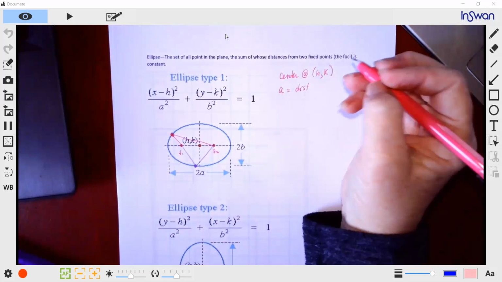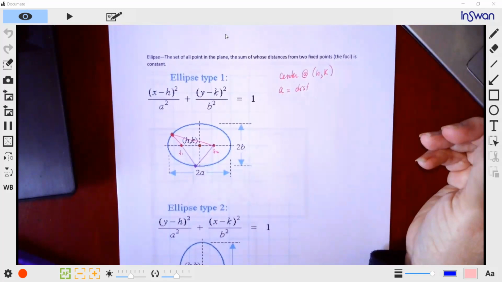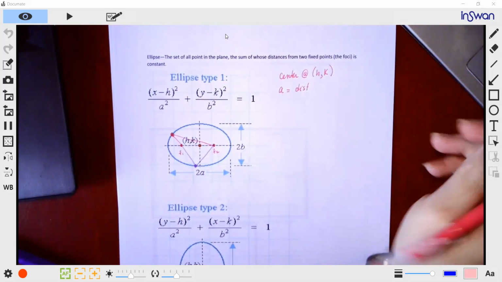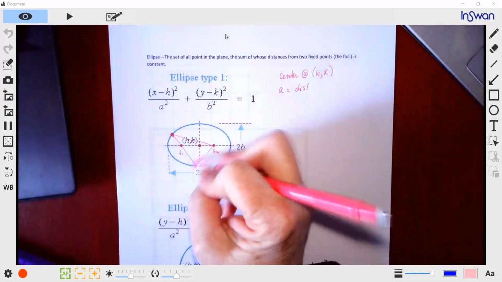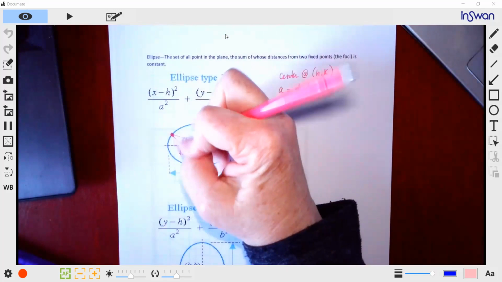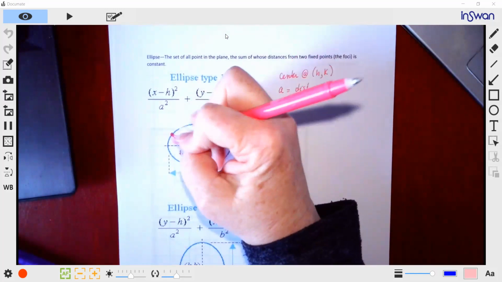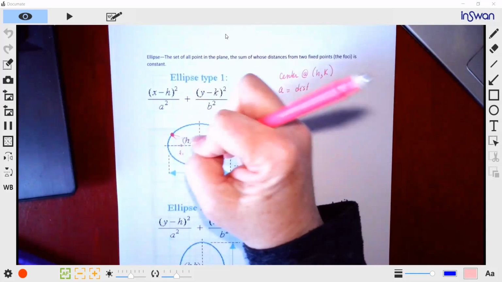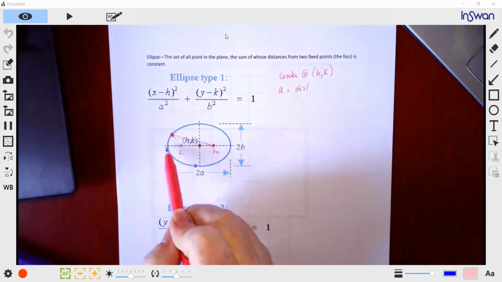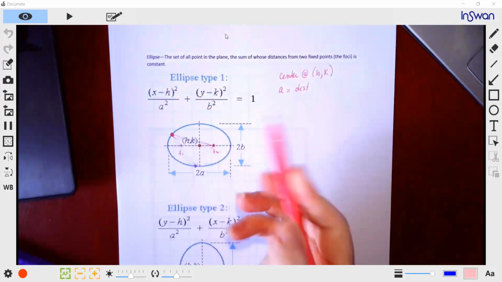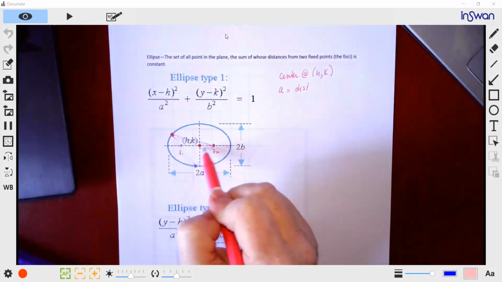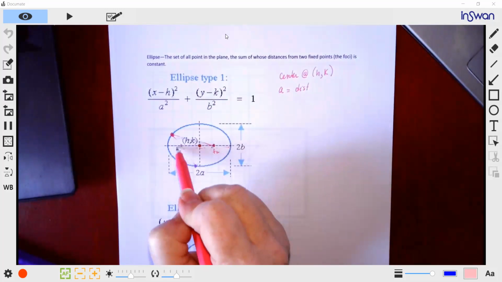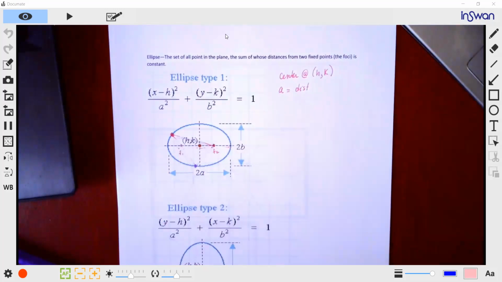And my second question: are both focus points the same distance away from each maximum? They are actually, it will be symmetric. The foci will be the same distance either side of the center, and this distance and this distance will be consistent with this distance and this distance, if that's what you're asking.